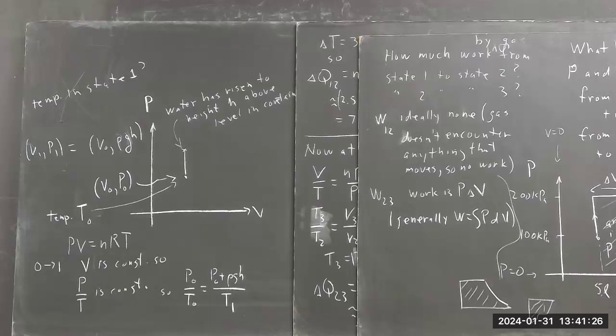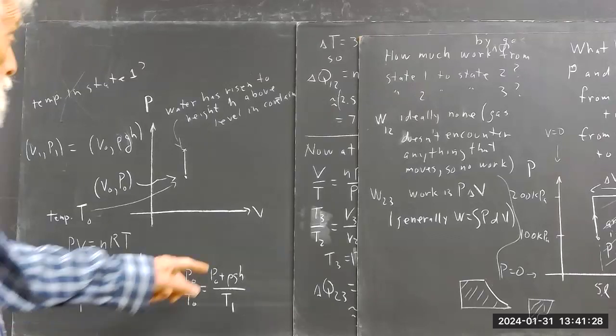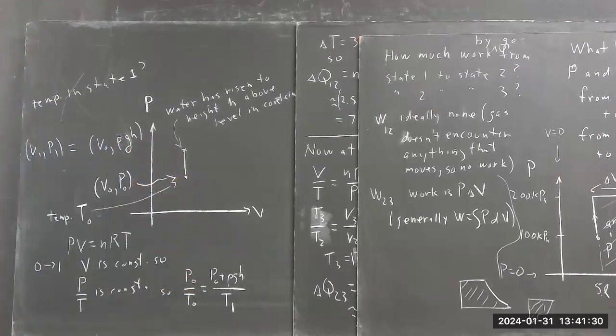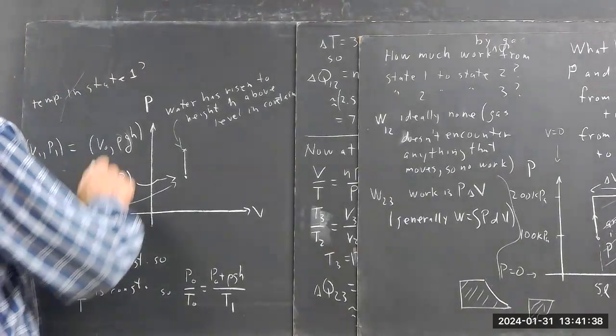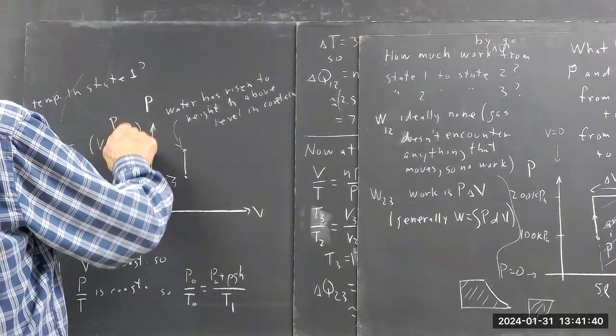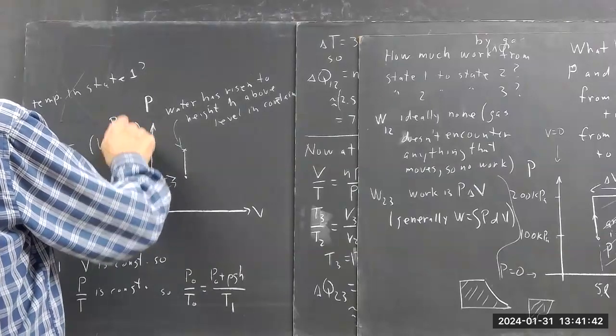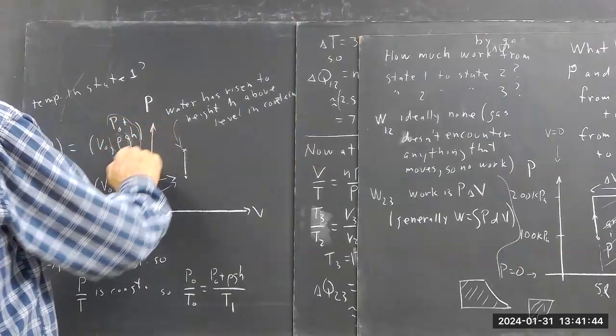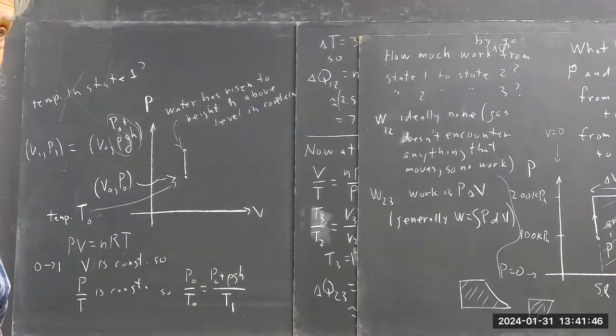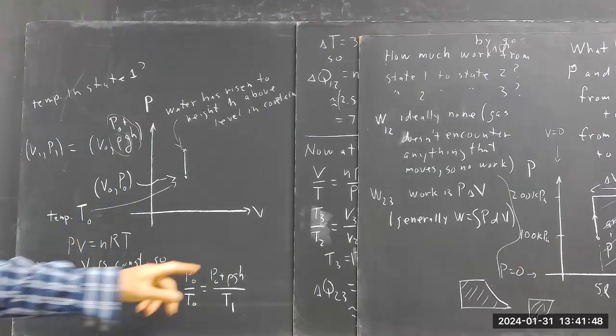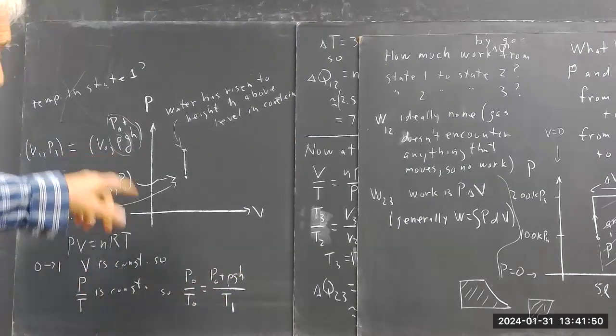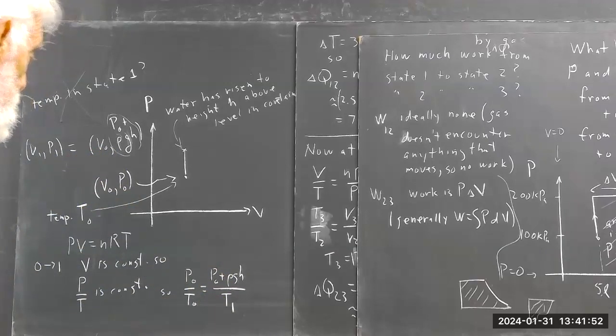Well, there's your pressure. And I wrote rho GH here again. It would be P naught plus rho GH, right? Okay. Wrote that carelessly, but this is what it is.